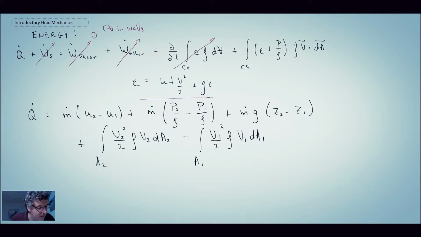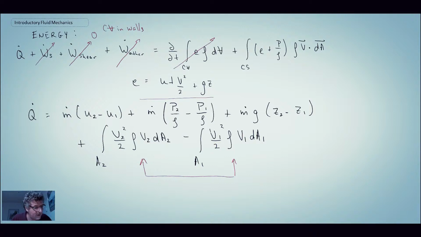Now, you'll notice that with the terms involving the kinetic energy flowing into and out of the control volume, I've left those in integral form, and there's good reason for that. Those are the two terms there and there.